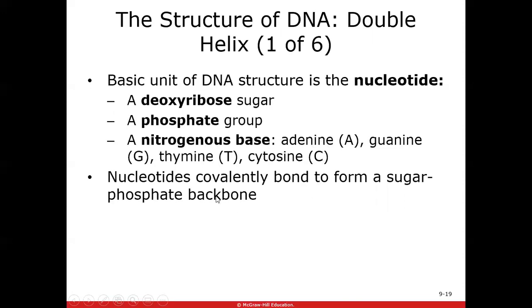Nucleotides covalently bond to form a sugar phosphate backbone. I need you to know the nitrogenous bases for DNA: adenine, guanine, thymine, cytosine. Adenine always pairs with thymine. Guanine always pairs with cytosine.